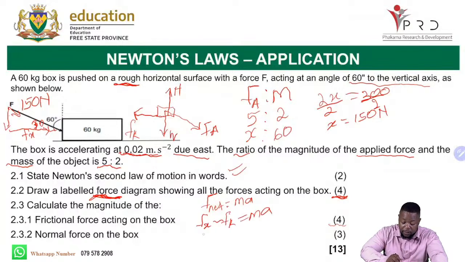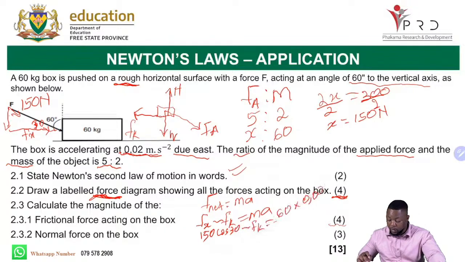Therefore, we substitute 150, the applied force, multiplied by cos of 30, which gives us the horizontal component, minus Fk, the frictional force that we're looking for. The mass given there is 60 multiplied by 0.02.